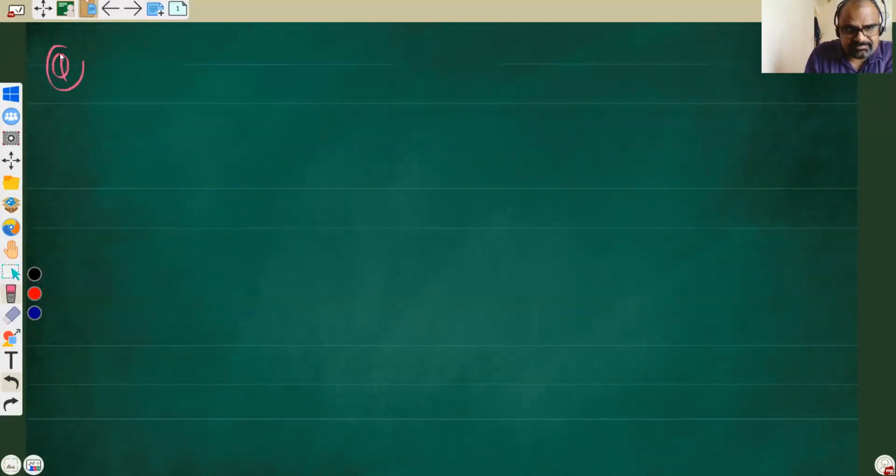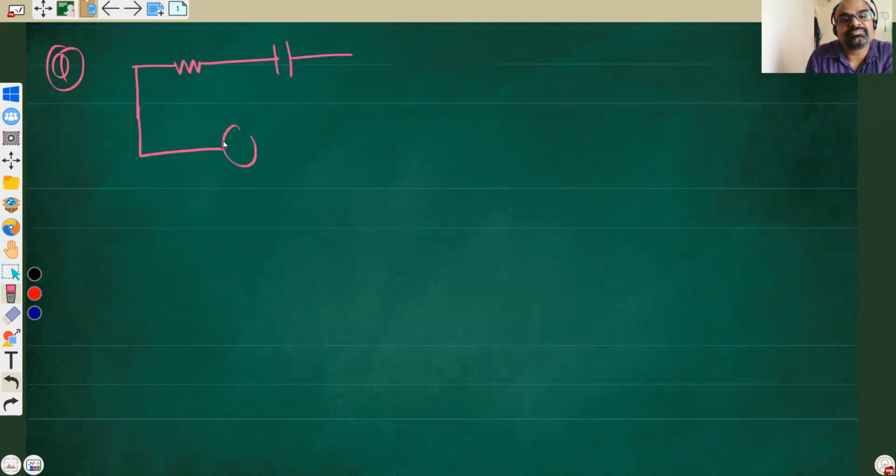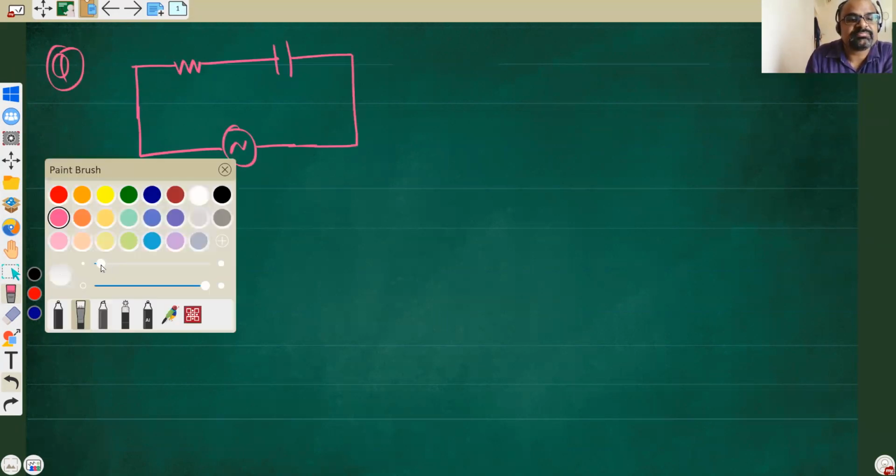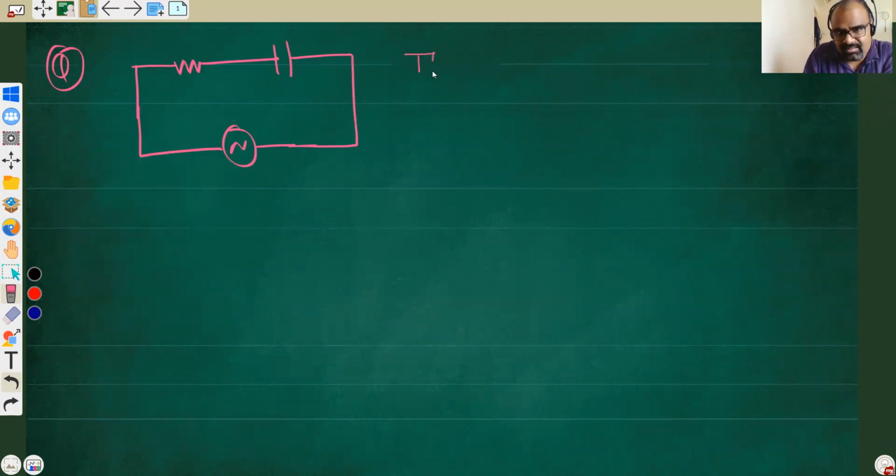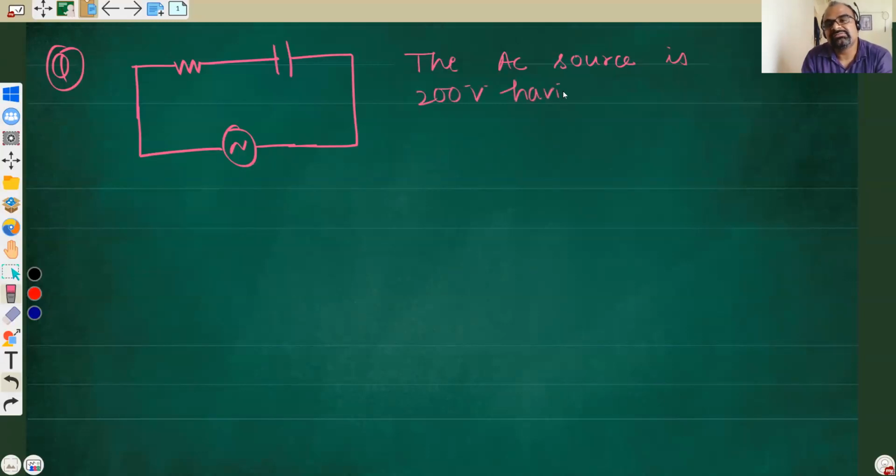So let us solve that question. We have a resistor, a capacitor, and an AC source. The AC source is 200 volts, having frequency 50 by pi hertz.